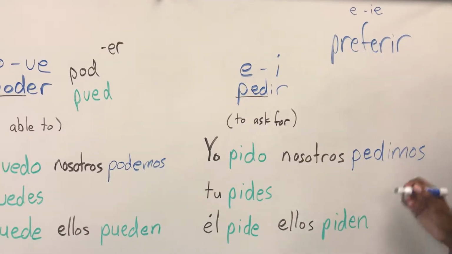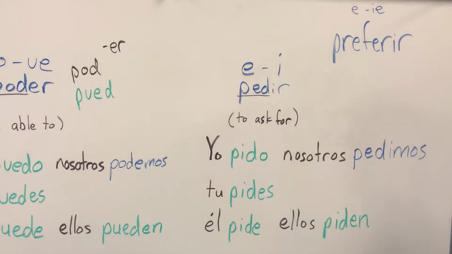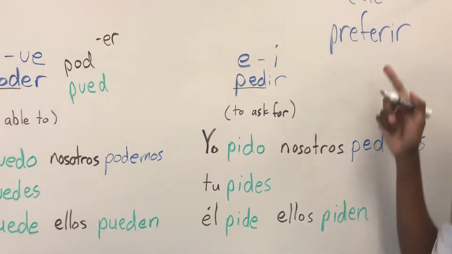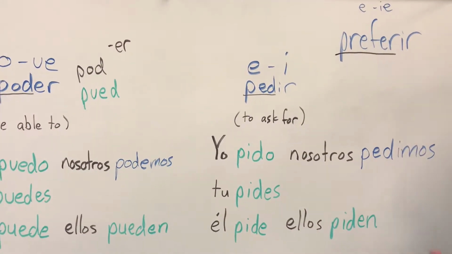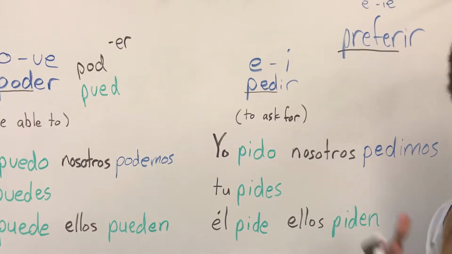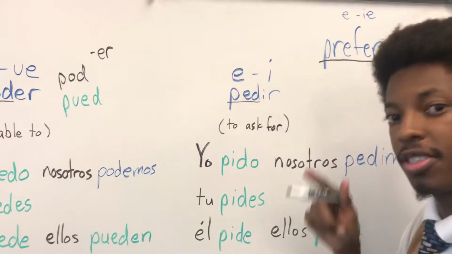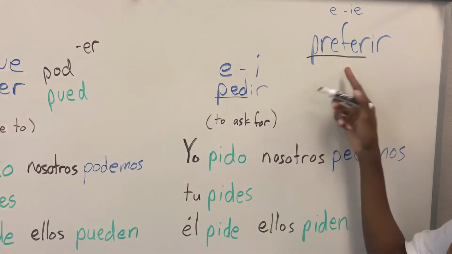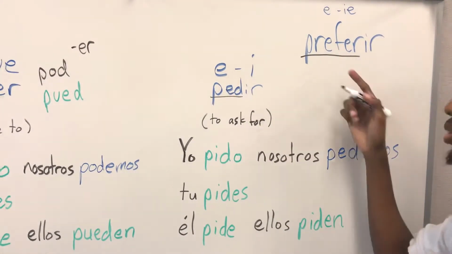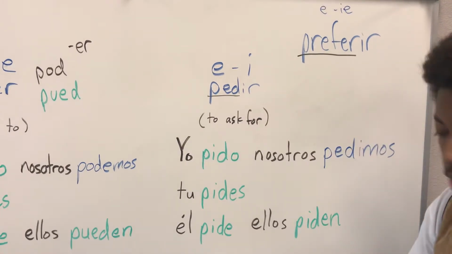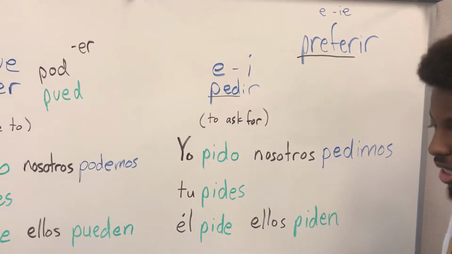All right? Now, once you find the stem, which is pretty simple to do, you just ignore the ending. You have 2 E's. Your question is, which E do I change? Now, first you need to find the stem. And then look at the stem. If you have 2 E's, usually it's going to be the one closest to the end. So let's go ahead and change that E closest to the end.